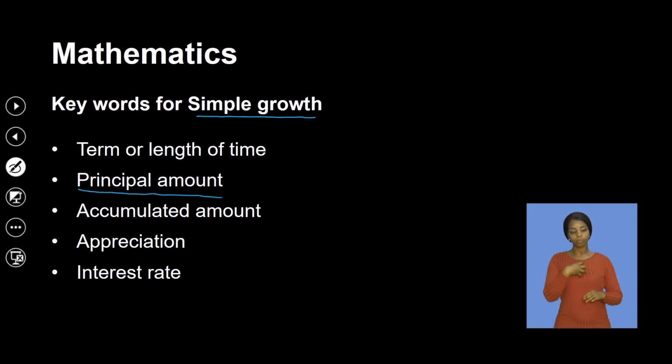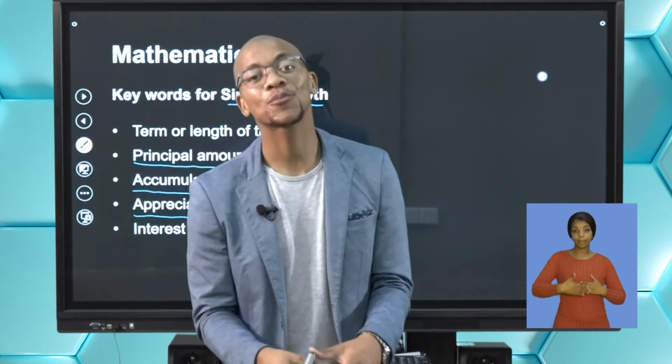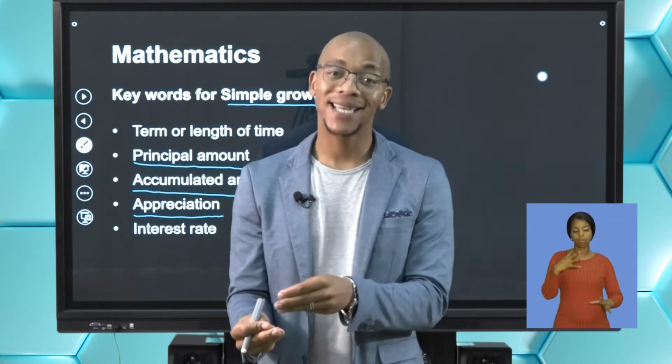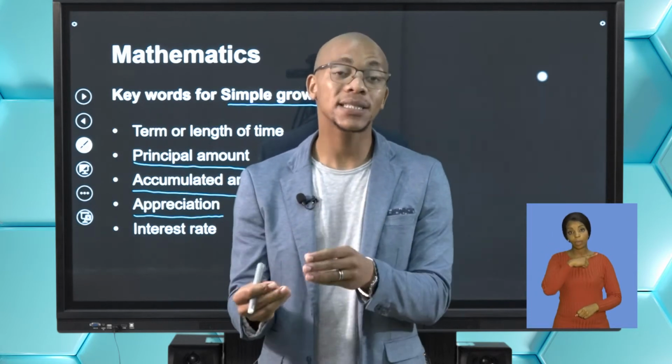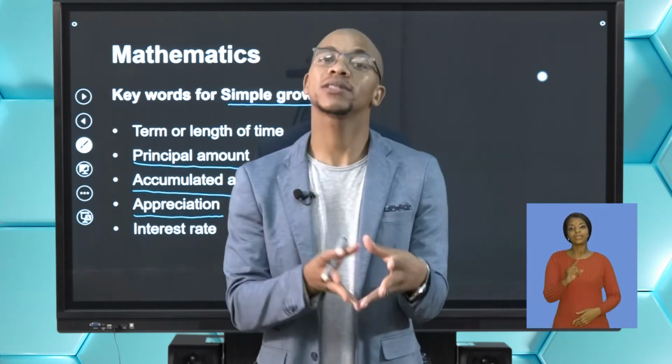There is what we call a principal amount. There is what we call accumulated amount, which I know you know that it's when after a duration of time, the amount that you get from the bank plus the initial amount that you saved will be the accumulated amount. Now we have one word, appreciation. I added this one because I want you to understand something. We're going to talk about depreciation as well. So with depreciation, it's the opposite of appreciation.